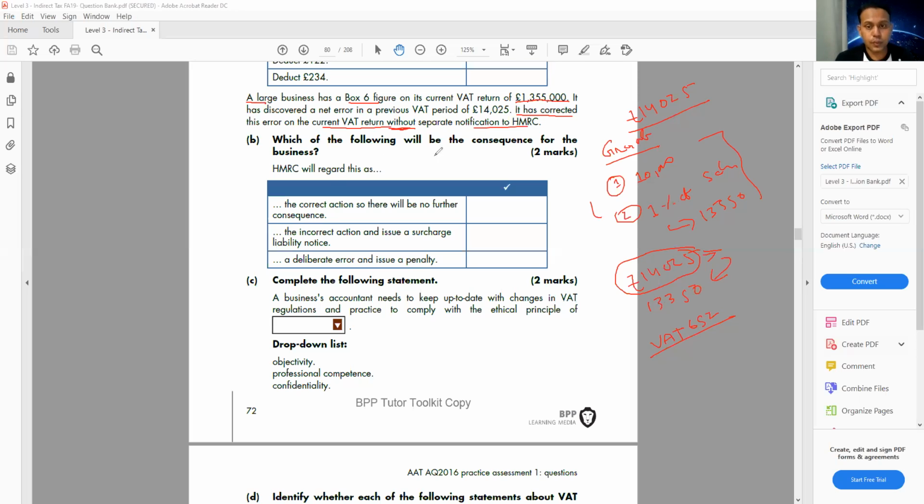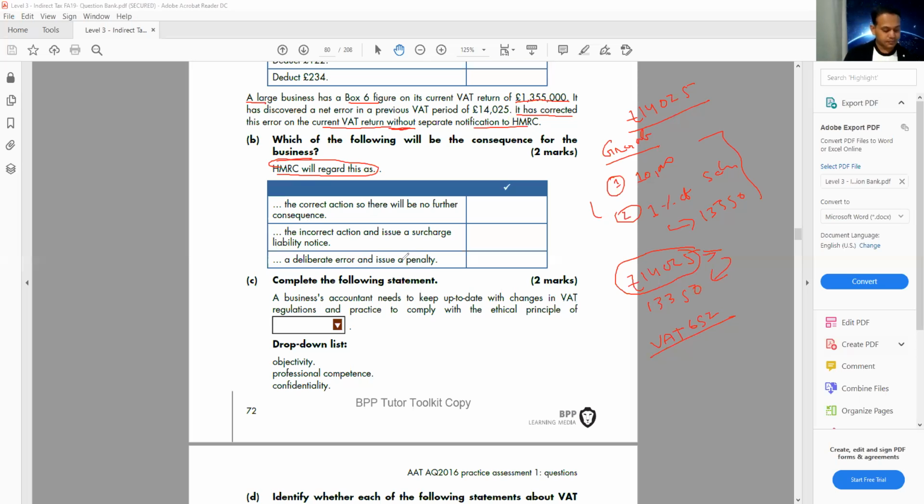Which of the following will be the consequence for the business? HMRC will consider this the correct action, so there will be no further consequences; the incorrect action and issue a surcharge liability notice; or a deliberate error and issue a penalty.